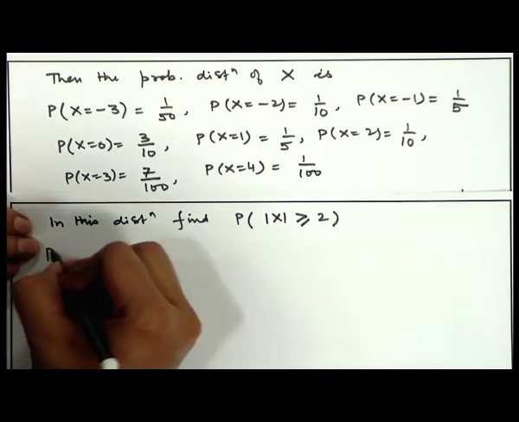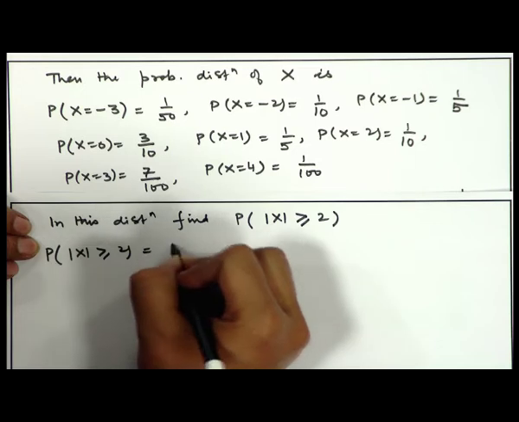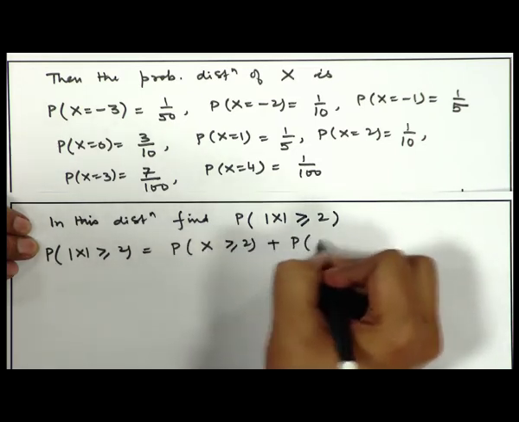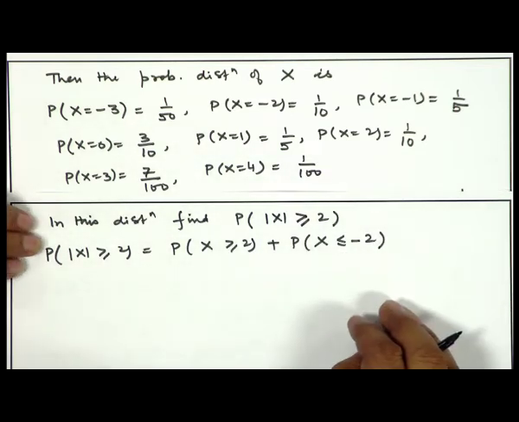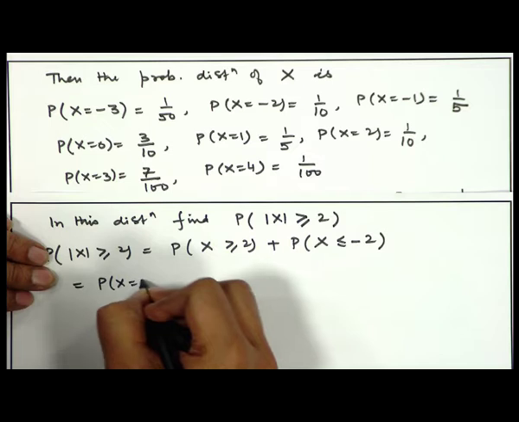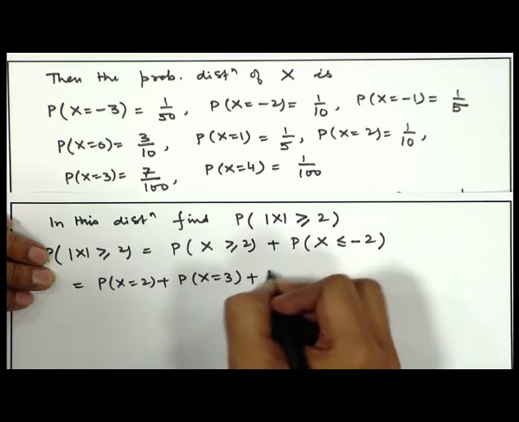Now, we are saying mod x is greater than or equal to 2, that is equivalent to saying x is greater than or equal to 2 or x is less than or equal to minus 2. So, that is equal to probability x is equal to 2, x is equal to 3 plus x is equal to 4.